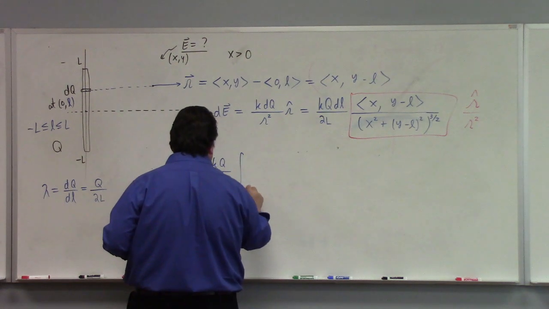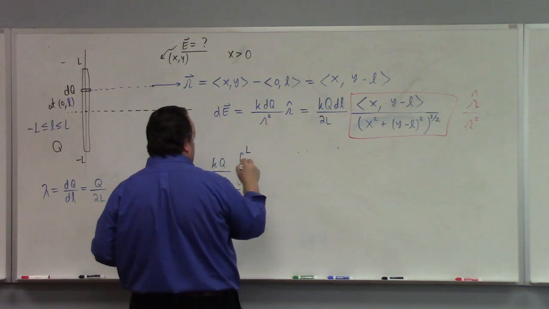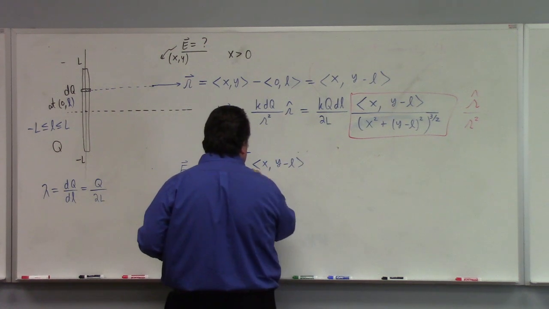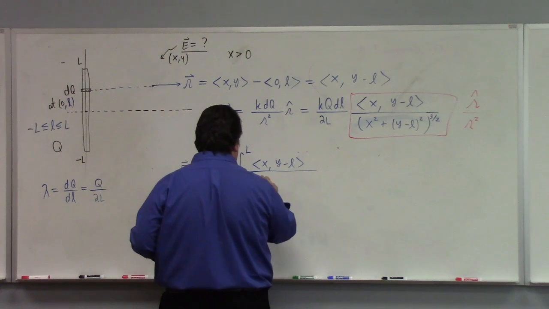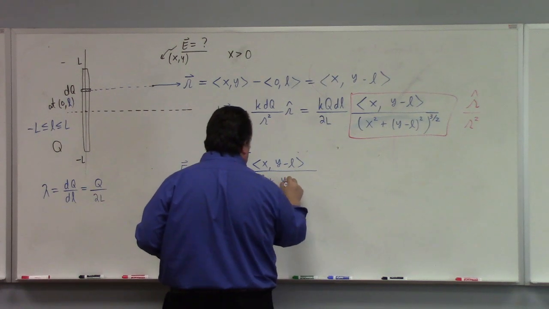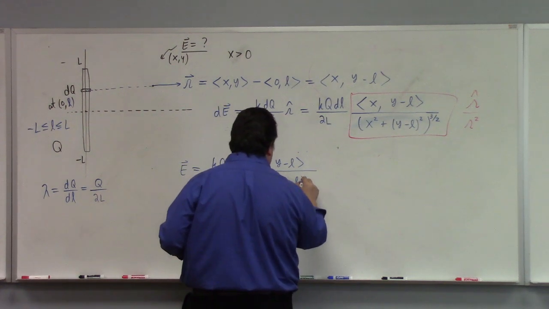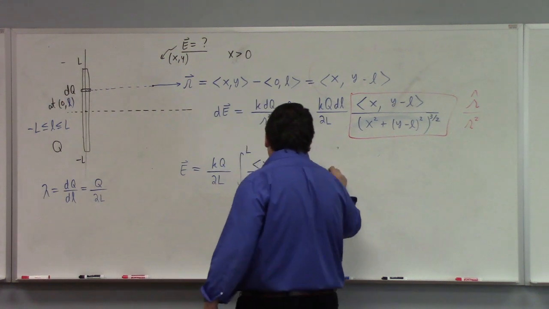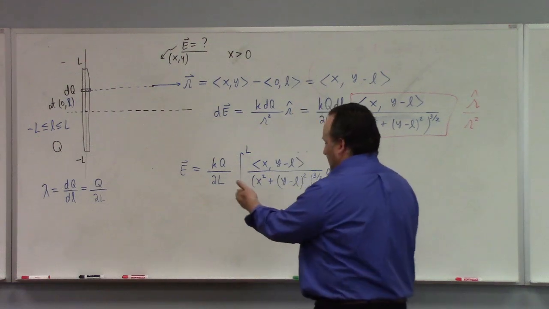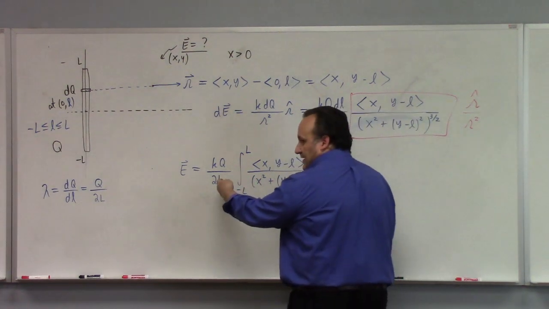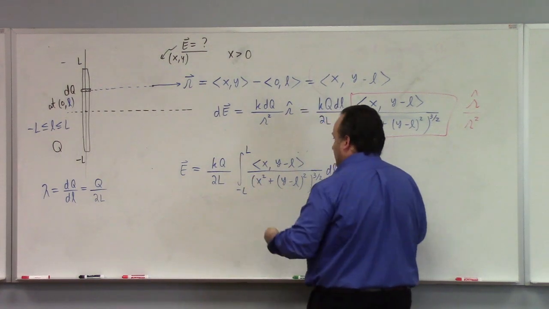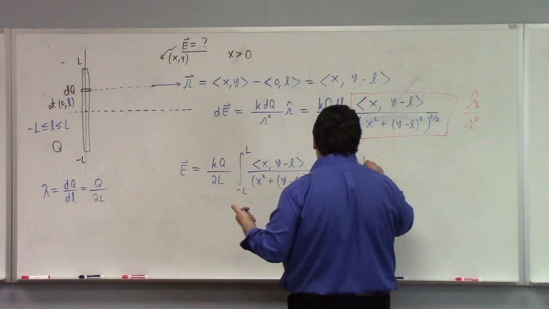Integral from minus L to L of x, y minus L, divided by x squared plus (y minus L) quantity squared, all to the 3/2 power. And that's an integral over dl. So this will be a vector. When you do an integral of a vector like this, we mean the integral of each component. Like this is 2 integrals, to be more explicit.